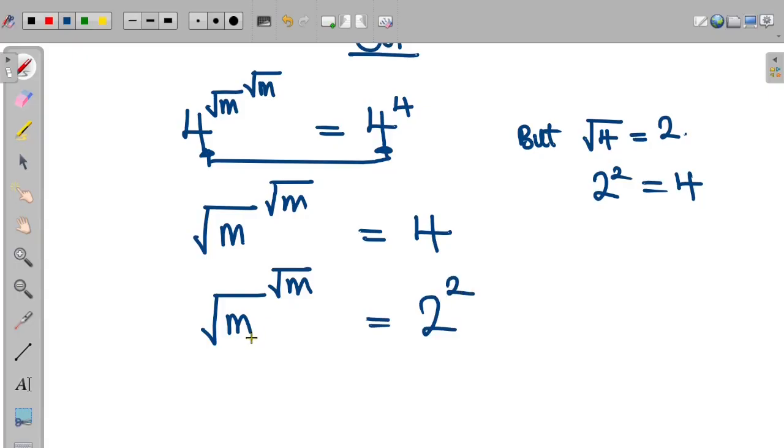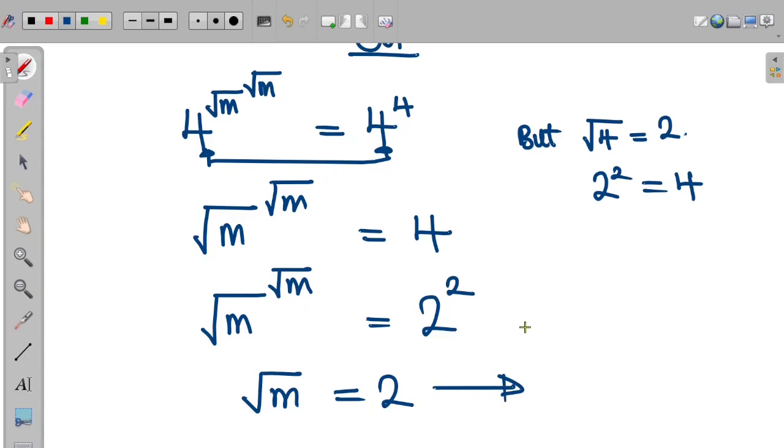Now, at the left hand side, the base and the index is the same. Also, at the right hand side, the base and the index is the same. So therefore, by comparing, we can have that root m is equal to 2.